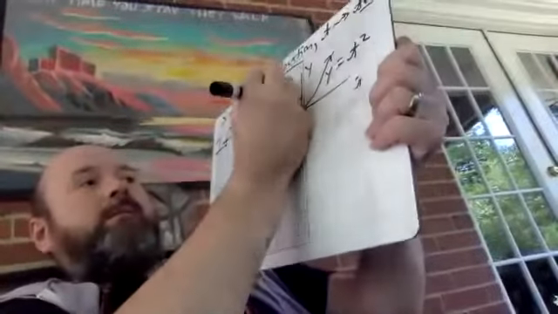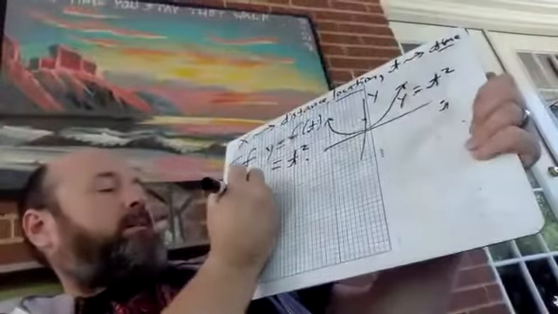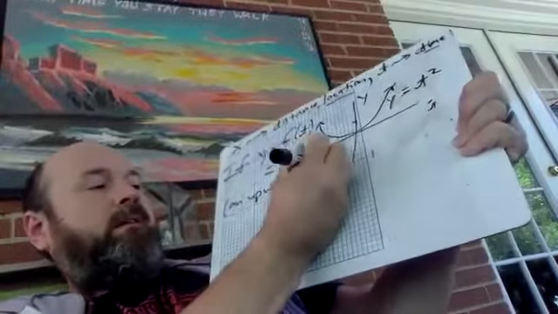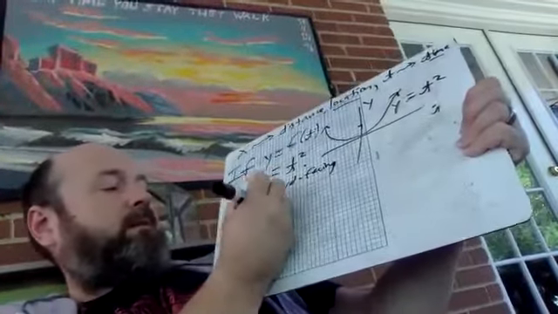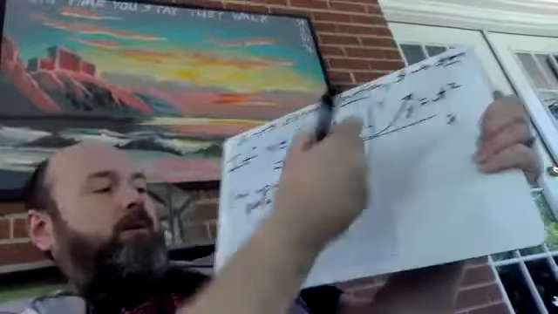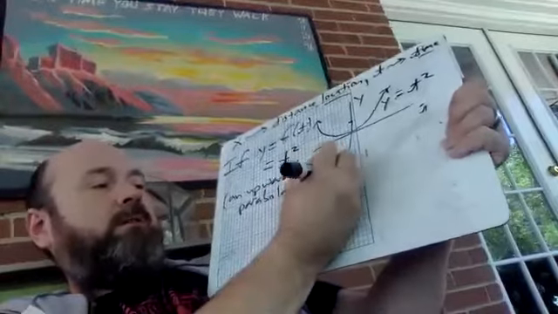T squared is an upward facing parabola. It's opening upward, and it's centered here.